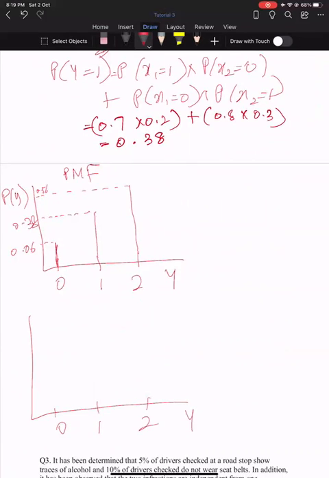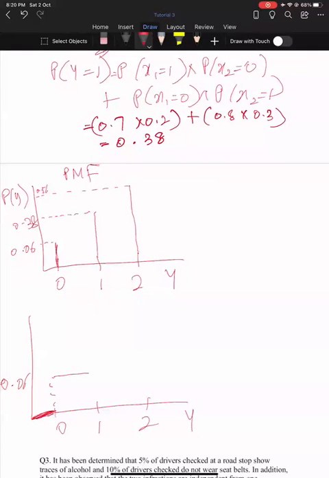We know that for y less than 0 we won't have any probability there, because y can take the value 0, 1 and 2. So we'll just have this line on the horizontal axis. And then at 0, there's a jump and the value becomes 0.06. After that, since it's discrete, there's no continuous thing and we just go till 2, and 1, sorry.